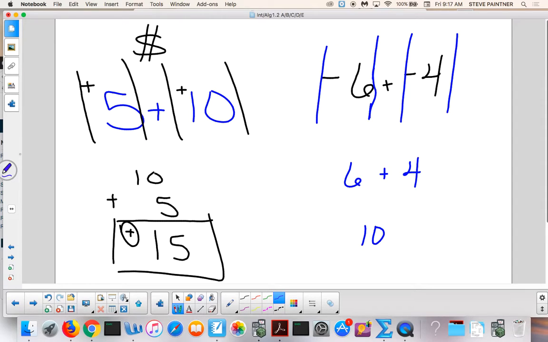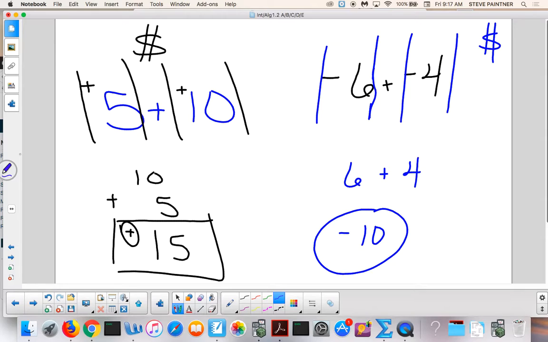You lost $6, plus you lost $4. You lost. And so that's the rule. When you add same signs, you just keep the sign. So a positive plus positive is positive, and negative plus negative is negative. Think money. I owe my sister $6 plus I owe my brother $4. I owe 10. That's negative.